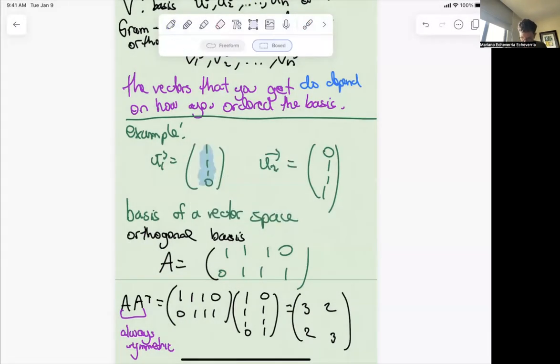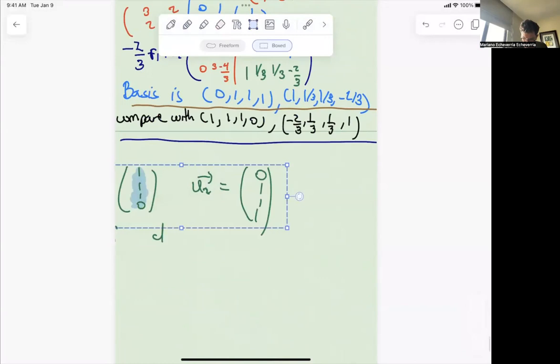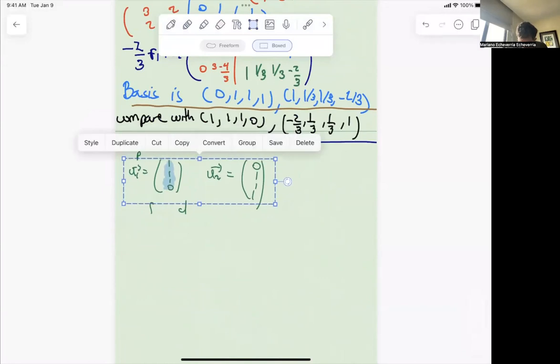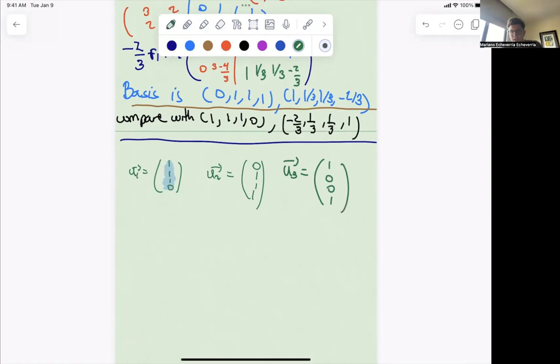Otherwise, this will not be clear. Just give me a second to see if this one works.